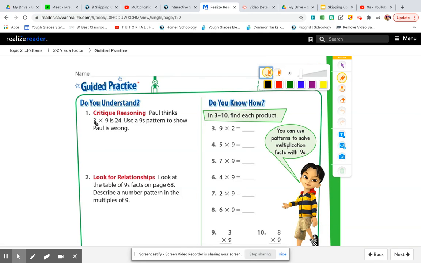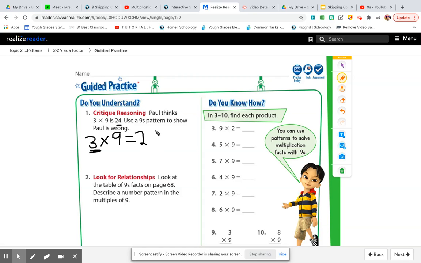So 3 times 9, when we look at that, we know that the first digit is going to be 1 less than 3, which is 2. And we know that in our 9s patterns, for each product, if you add the 2 digits together, it equals 9. Well, look, 2 plus 4 equals 6, not 9.